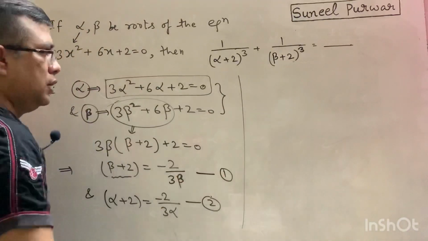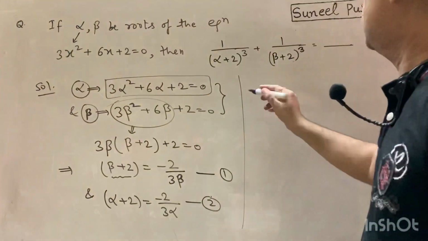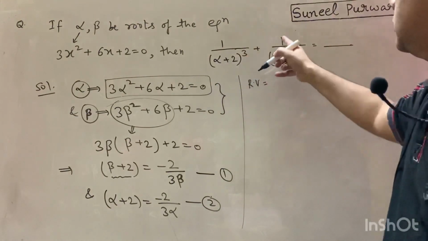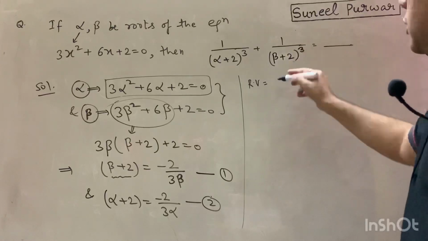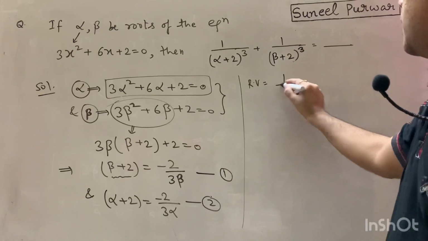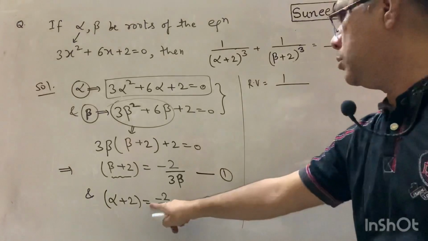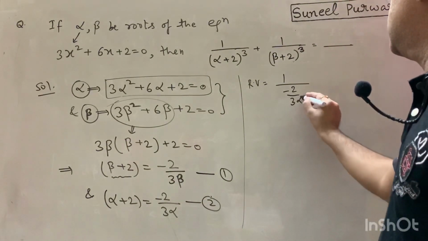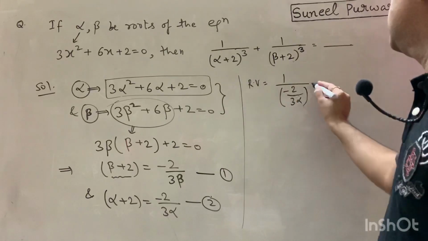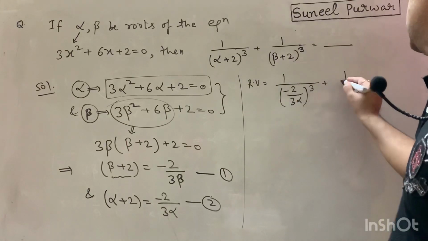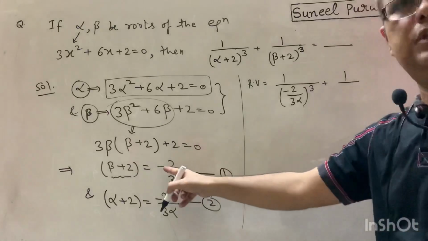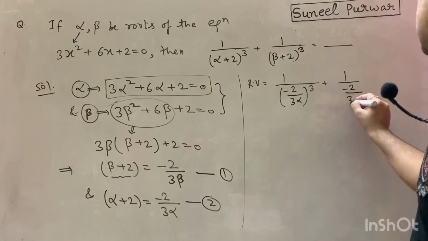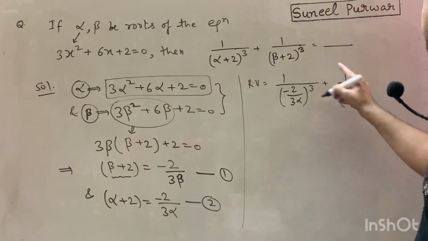Now let's come back to the required value: 1 upon (alpha plus 2) whole cube plus 1 upon (beta plus 2) whole cube. So substitute alpha plus 2, which is minus 2 by 3 alpha, whole cube. Similarly, substitute beta plus 2, which is minus 2 upon 3 beta, whole cube.